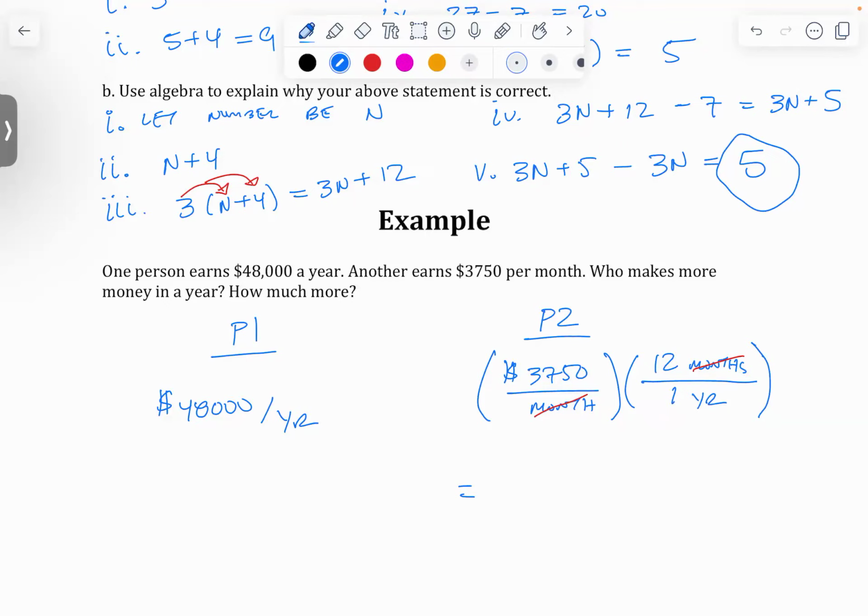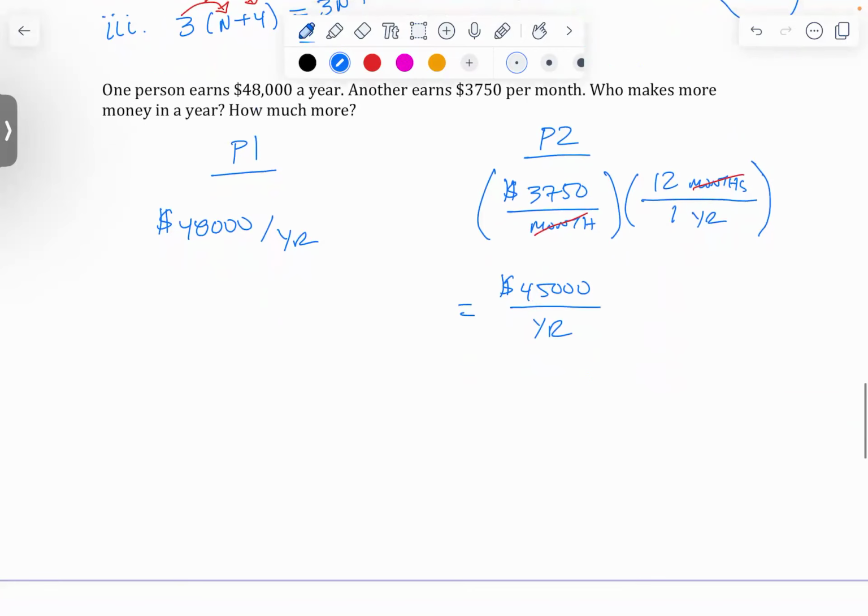And all you have to do with the calculation is simply multiply by 12. This then becomes $45,000 per year. Now it's super easy to see which person makes more money, but it's also very, very important that you understand this notation.